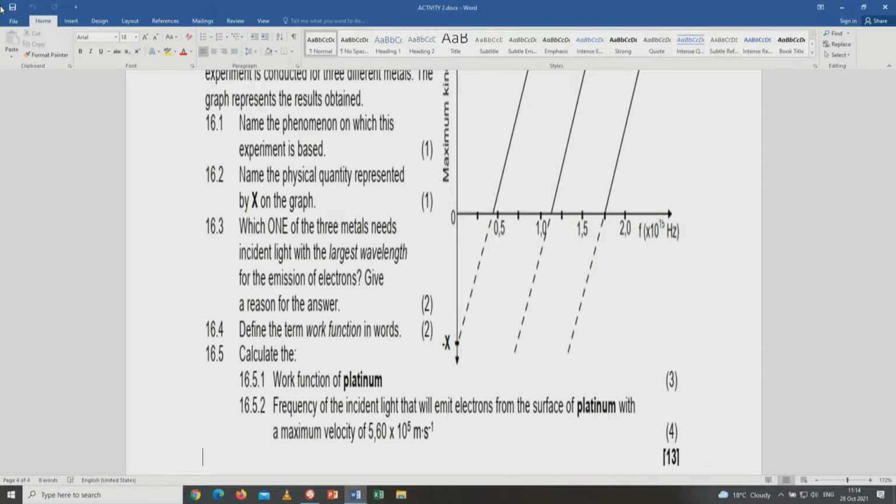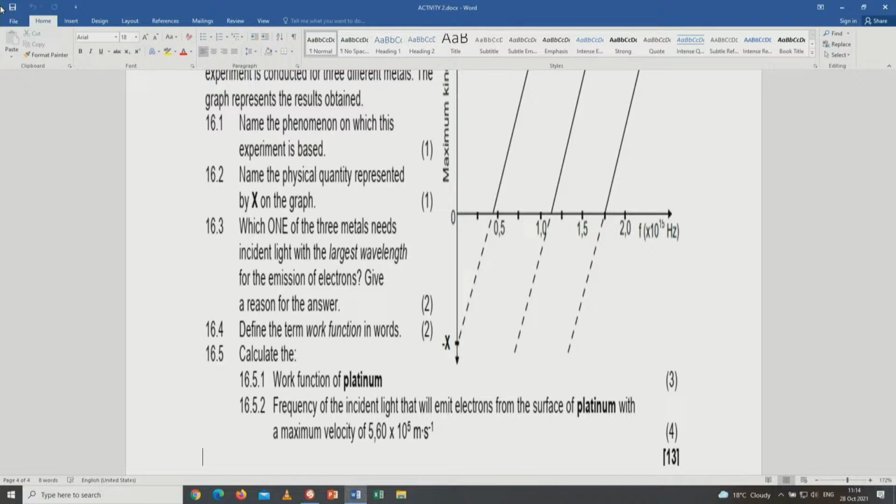So starting with the photoelectric effect formula, we have E being equal to the work function plus the maximum kinetic energy. Looking at the information that we are given, the work function of platinum we just calculated in 16.5.1, so we'll just substitute it.